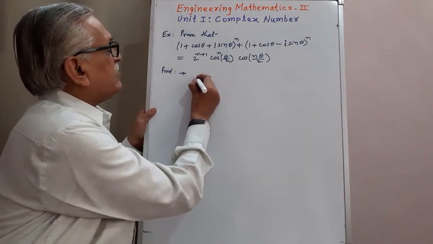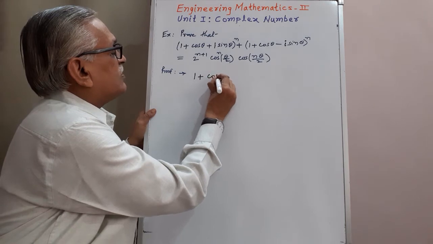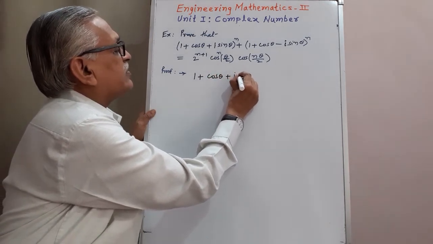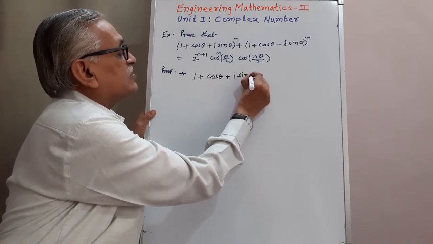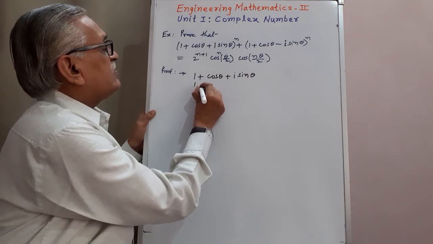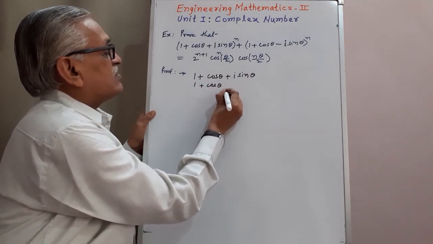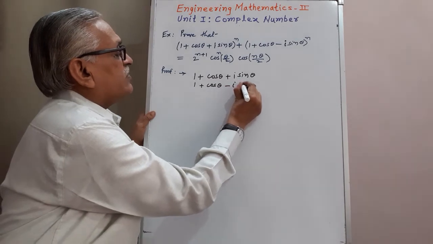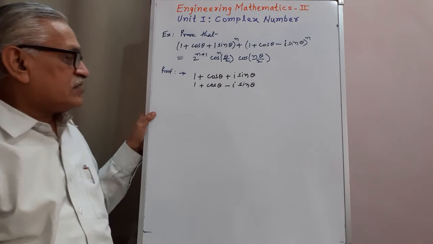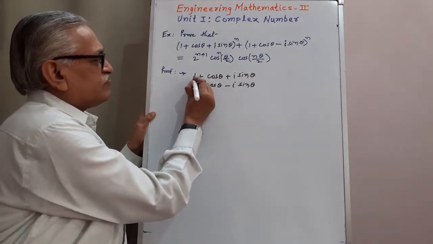Given two complex numbers, 1 + cos θ + i sin θ as the first complex number, and second, 1 + cos θ − i sin θ. Here the real part is 1 + cos θ.